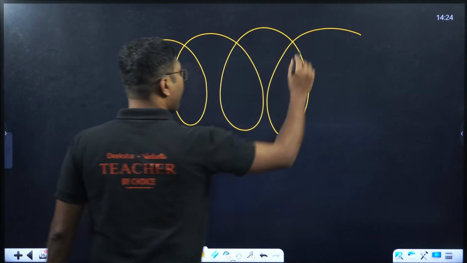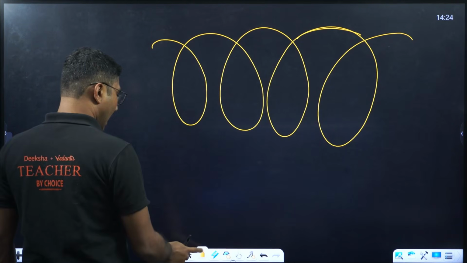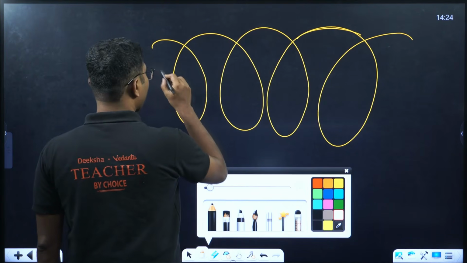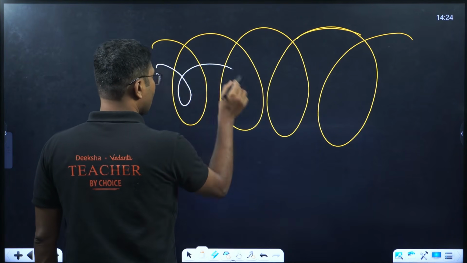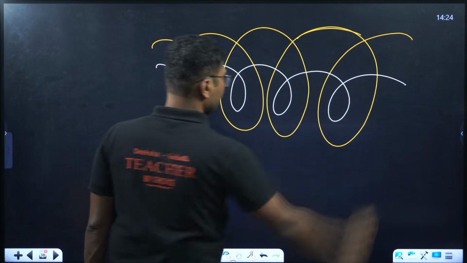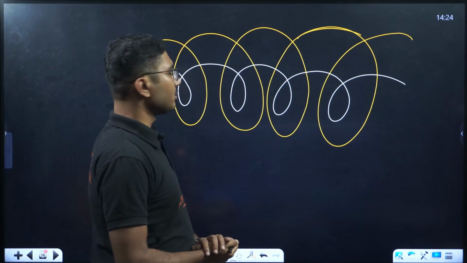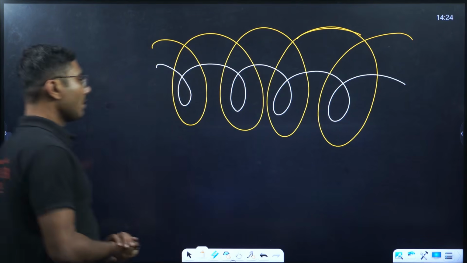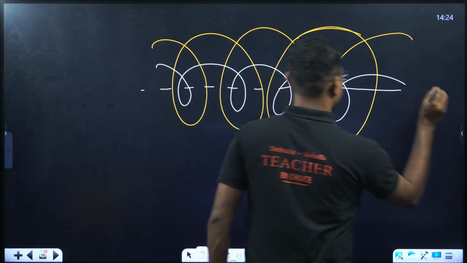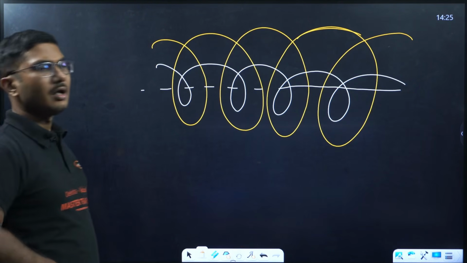And inside the same coil we have another, little smaller coil which is matching the bigger coil turn by turn. So this is called coaxial coils. Coaxial means they have the same axis.